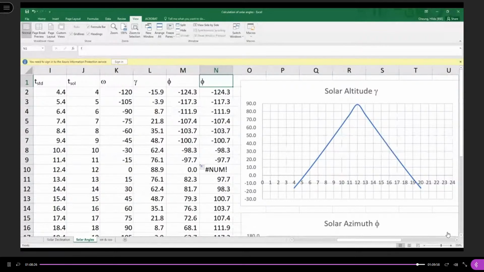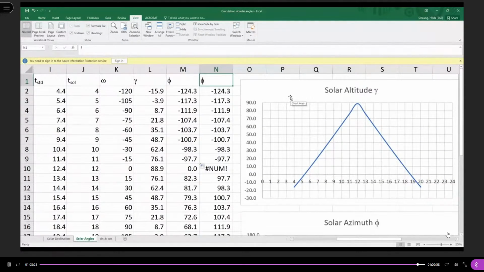I will post the website for examining the sun path diagram of other locations, and I will also upload this Excel file to Blackboard so that you can play with it, try to input other numbers, and then try to do the tutorial questions.